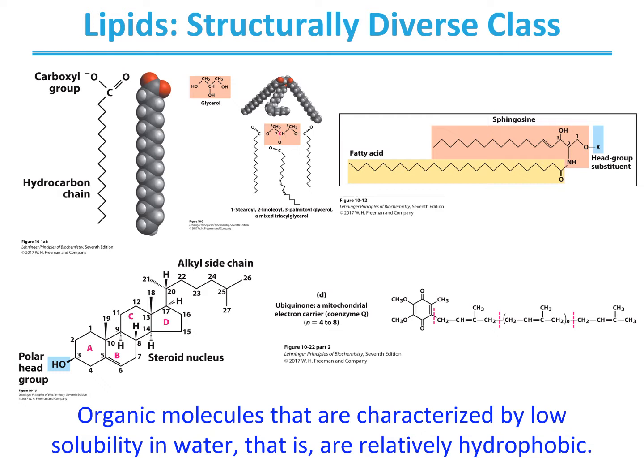But also they can be varied forms of these isoprene units that you can see here, separated by these dotted lines, and this is the representation of one particular molecule, coenzyme Q, which is part of the electron carrier in the mitochondrion that you may have heard about from previous lectures in this course.